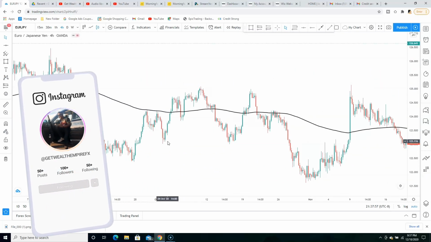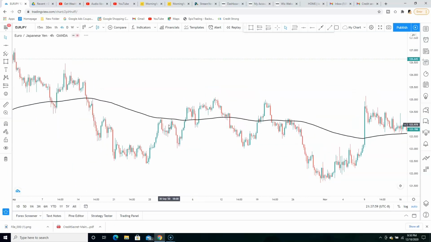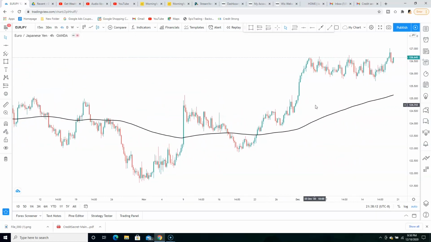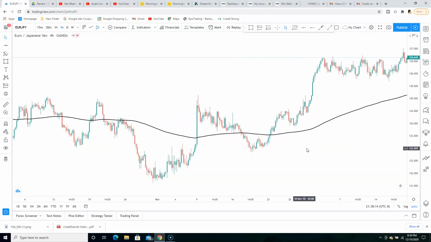Let's see if we can find another example. There we go, another one right here. The same thing. We actually rejected it twice here, making this a resistance zone. So it's very simple. Those are the two reasons why people use the 200 moving average on their chart.